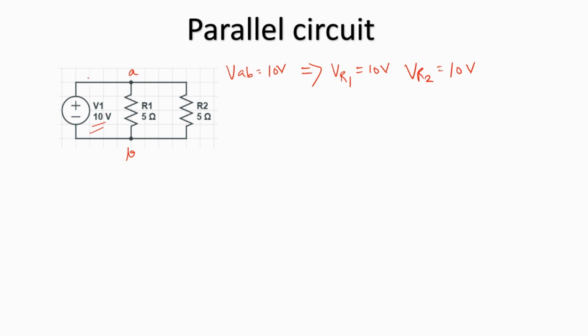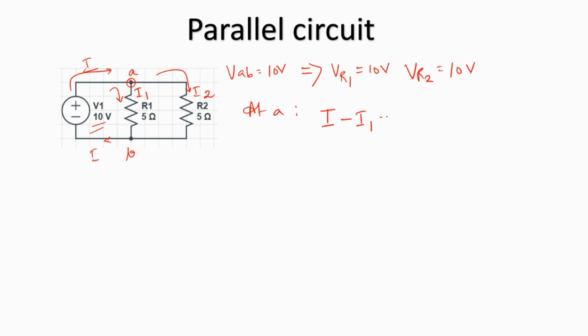Then what is it that differs? Now, the current coming out from the source is say I. A part of it is going to enter R1, I'll call it as I1, and the rest of it is going to enter R2, I'll call it as I2, and it'll come back as I. So by applying KCL at node A, I is entering node A, so it'll have a positive sign.